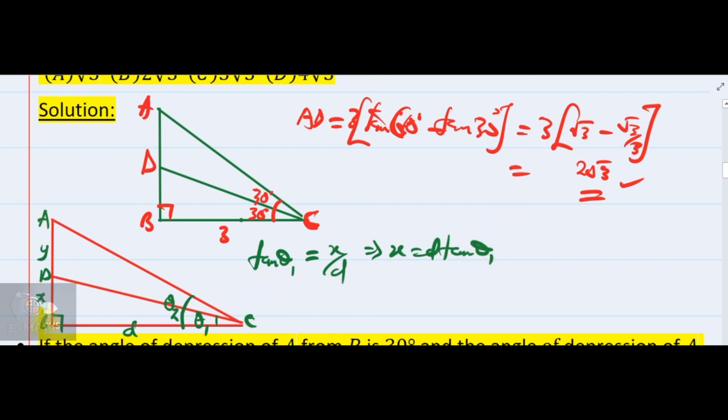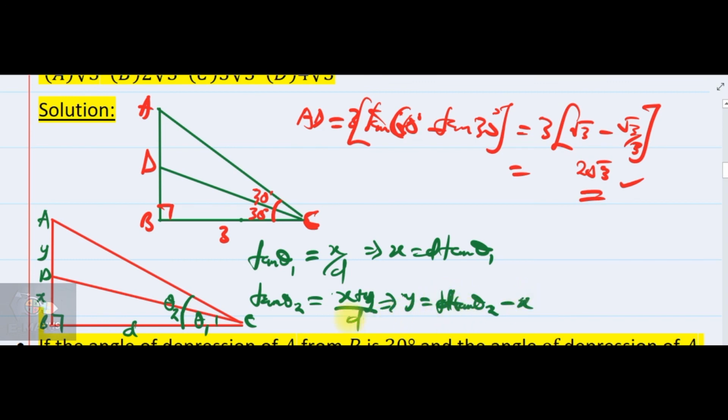While in triangle ABC, tan theta 2 is x plus y over d, which implies that y is d tan theta 2 minus x.